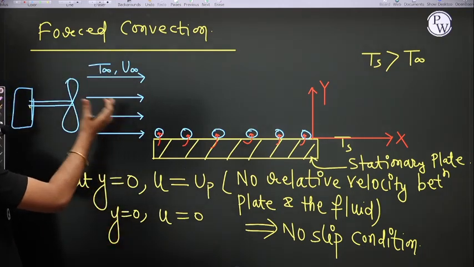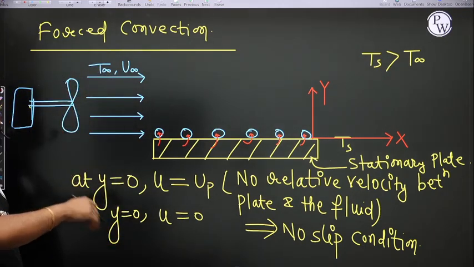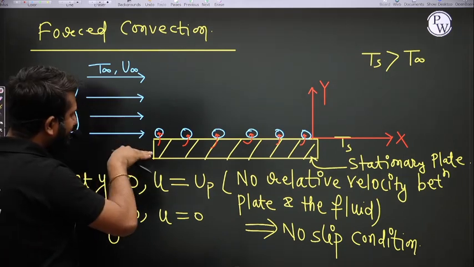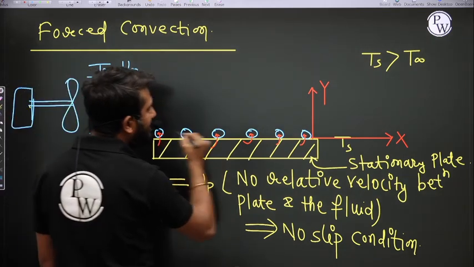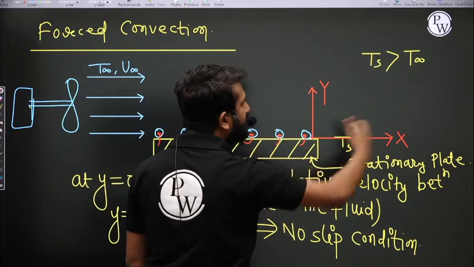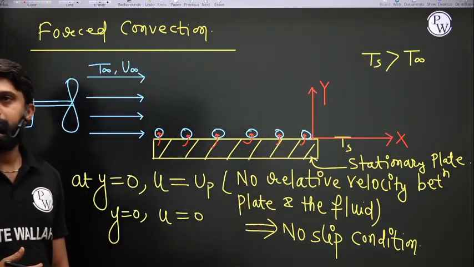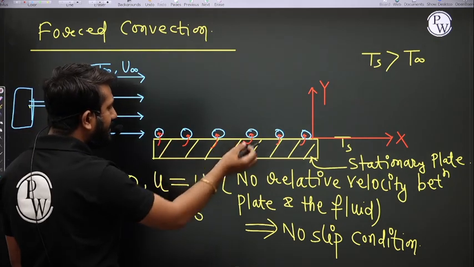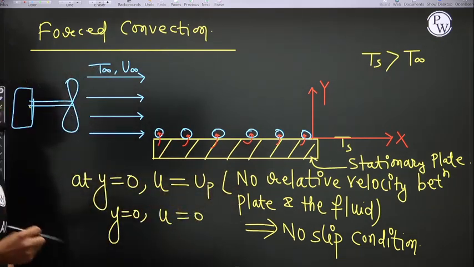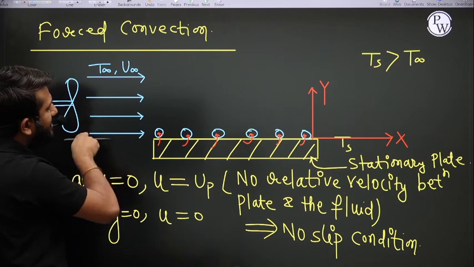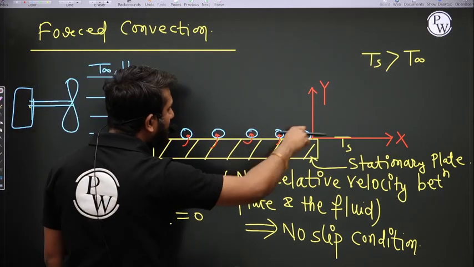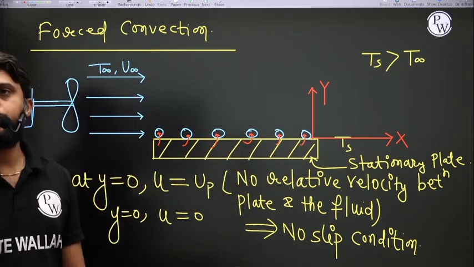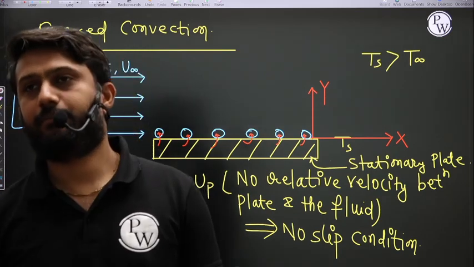Since there is some external agent, this external agent pushes this layer, and now this layer is moving forward. Once these particles take the heat energy from the plate, the external agent pushes this layer so that the next layer comes into contact with the plate.